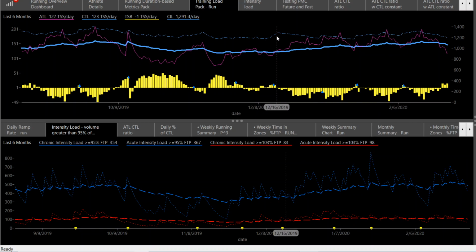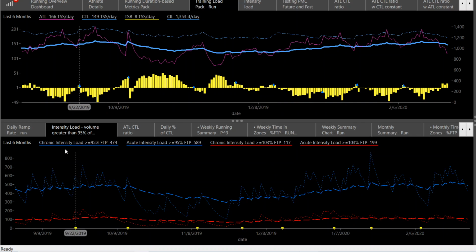But I found that chronic intensity load is not as perfect as I would have hoped. So what I did is I developed this chart in which I looked at two different components.